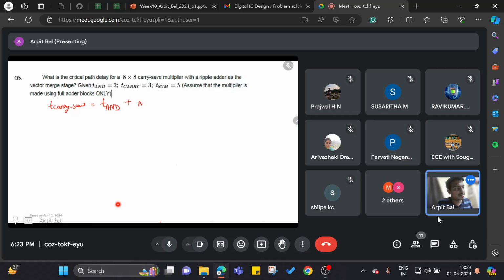Okay, so this will be m minus 1 T sum plus n minus 1 T carry plus n T sum. This last term is from the vector merge stage, and it is mentioned that we are using a ripple carry adder. So what will it evaluate to? Your m is 8 and n is 8. Please try to evaluate this.